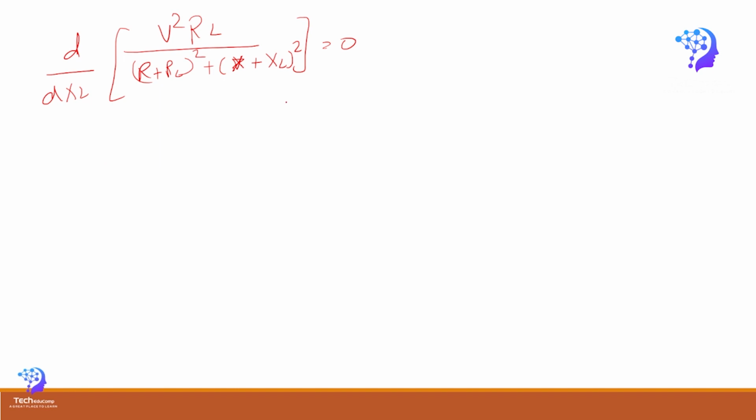So by solving this whole equation, the same process, we will be getting XL equal to minus X. This will be equation number 3. It means the reactance of the load impedance is opposite to the reactance of the source impedance.